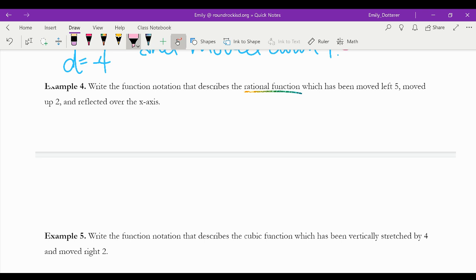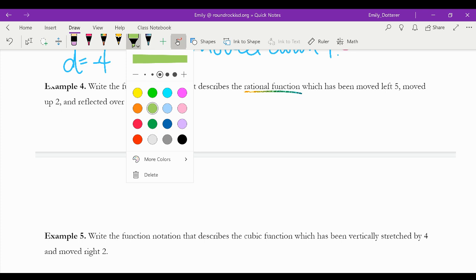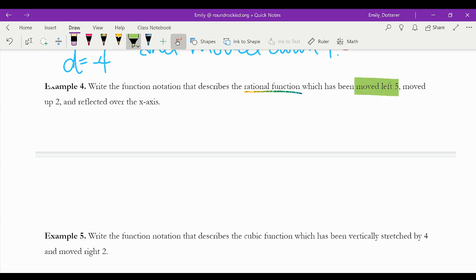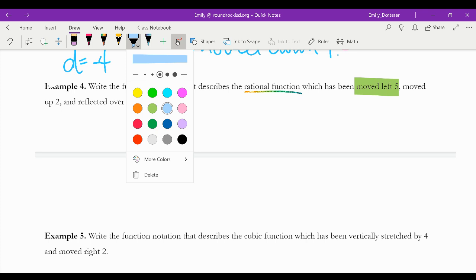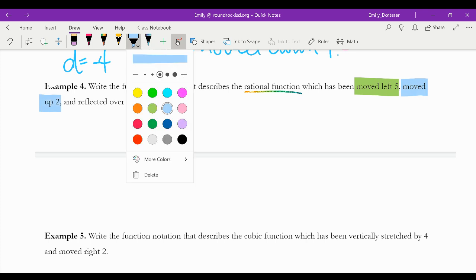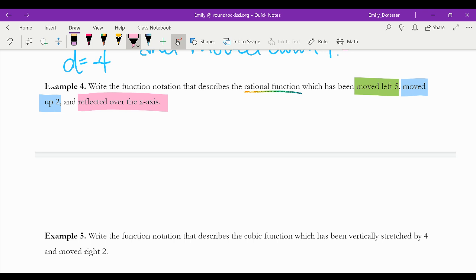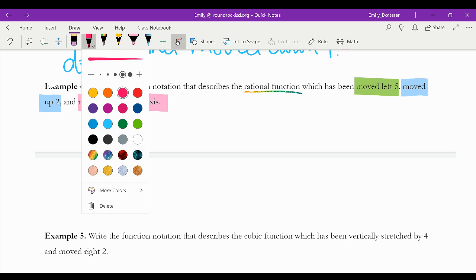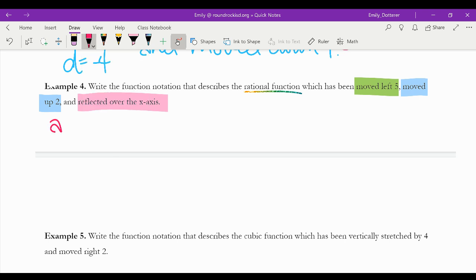But we want to find the function notation that describes the rational function, which has been moved left 5, moved up 2, and reflected over the x-axis. Which means that our a value is negative.